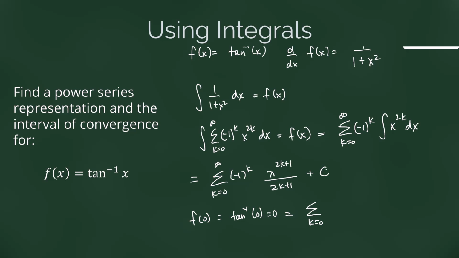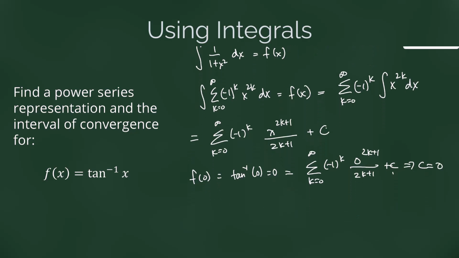And that has to equal then the sum from k equals 0 to infinity of -1 to the k times 0 to the 2k plus 1 over 2k plus 1 plus c. So we see again that c is equal to 0.